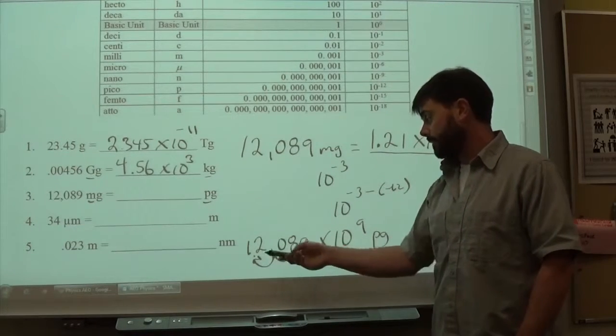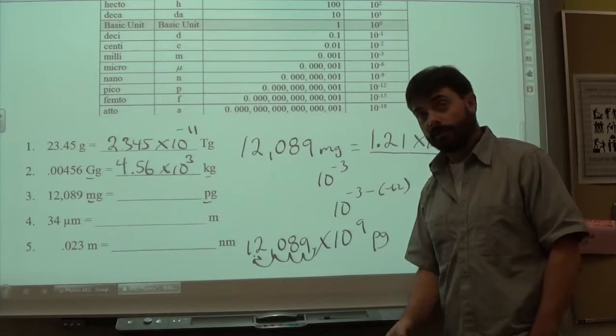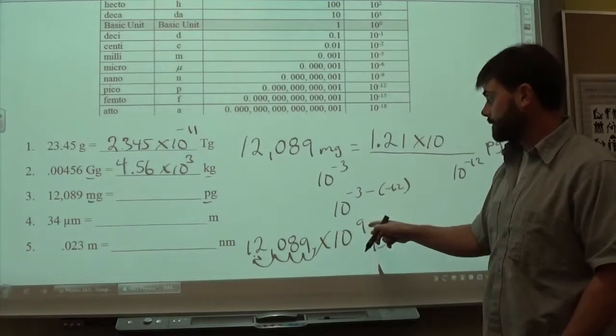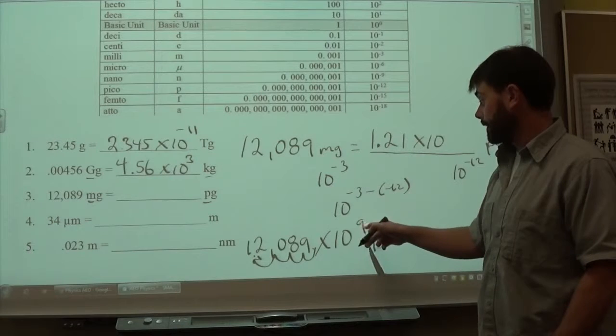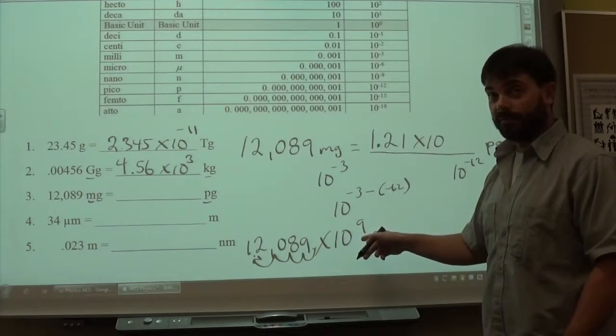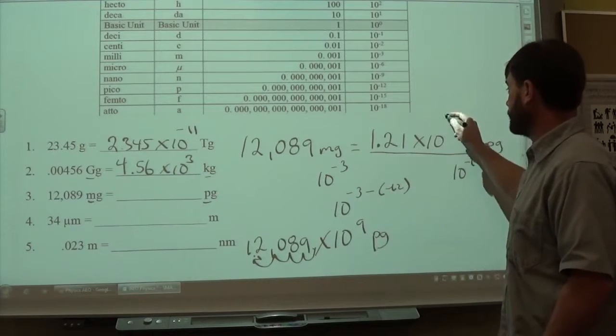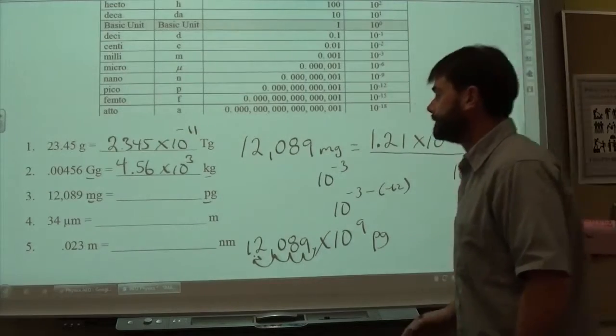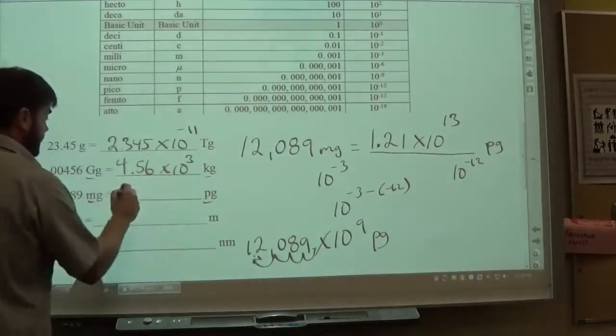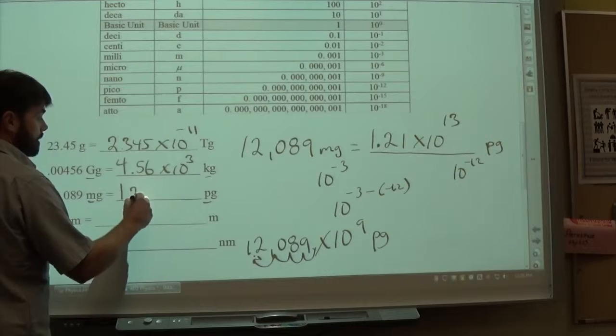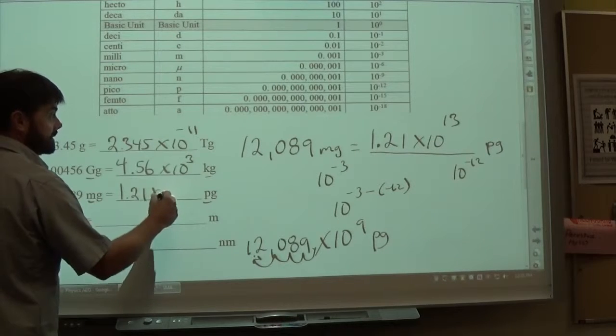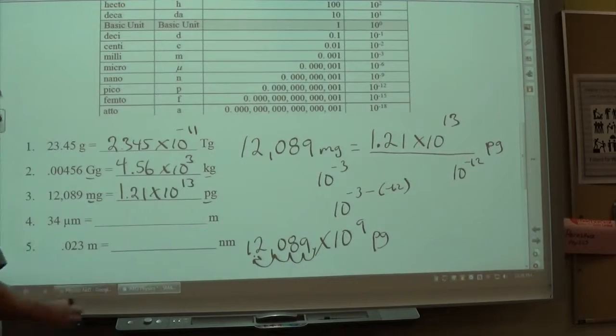If I'm making this smaller by 10 to the 4th, I've got to make this larger by 10 to the 4th. So if I'm already at 10 to the 9th, and I add 4 to that, that's going to give me 10 to the 13th. This is going to be 1.21 times 10 to the 13th power.